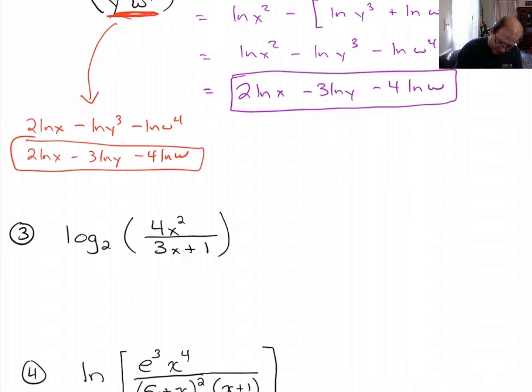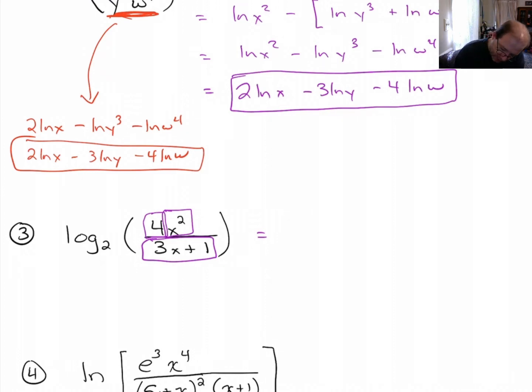All right, let's look at this one. Notice on top we've got 4x squared. So let's think of this as being two things on top. And on the bottom, we've got 3x plus 1. Since those are added together, we can't split them up at all.